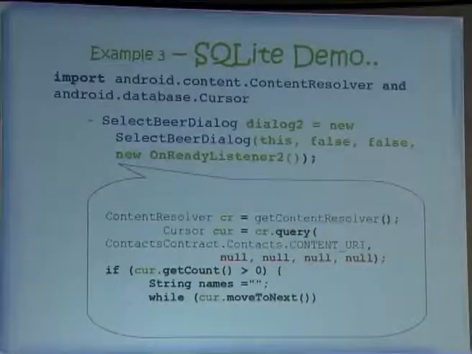I get the content resolver, I create the cursor which contains all the contacts I have stored in my phone, and I access them by using the URI.